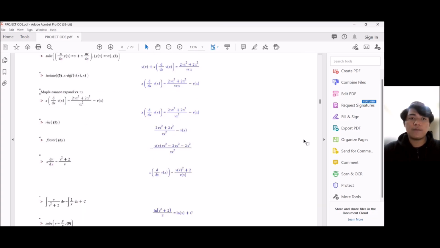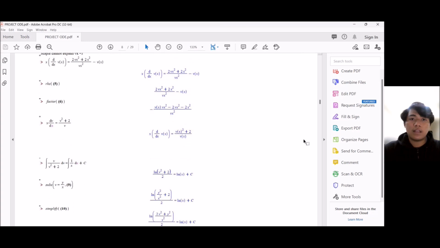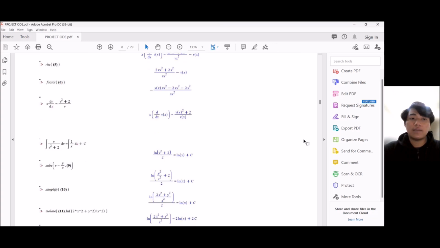And after that, Maple can expand vx multiplied by x, so it will be x dv over dx equal to (2vx power of 2 plus 2x power of 2) divided by vx power of 2, minus vx. And then after I factorize the equation, the answer is x dv over dx equal to (v power of 2 plus 2) divided by v.